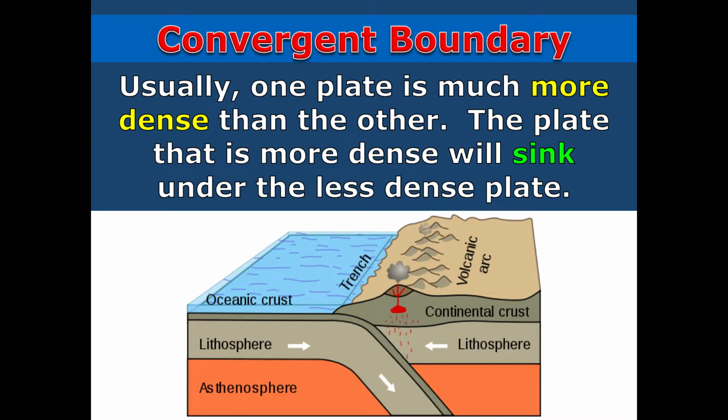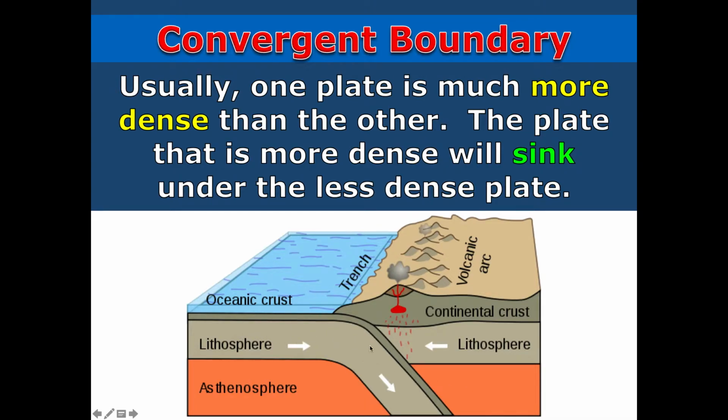So when two plates come together, one usually is more dense than the other. And the one that is more dense will sink below, and that's a vocabulary word we call subducting. So as you can see here, I'll move the mouse over, you can see the lithosphere moving this direction, and because it's a wet plate, wet is more dense than dry, a wet plate will always subduct.